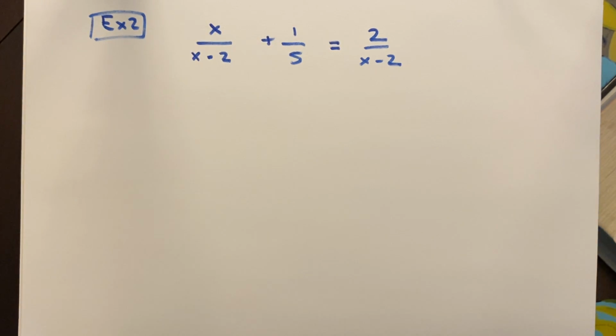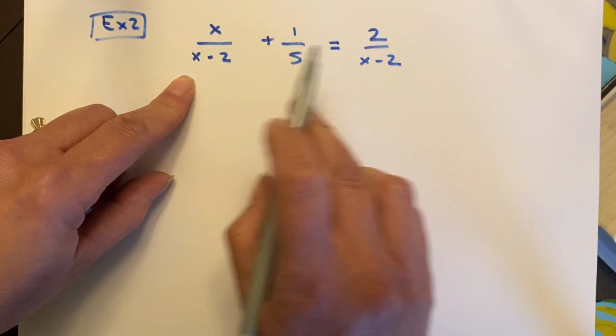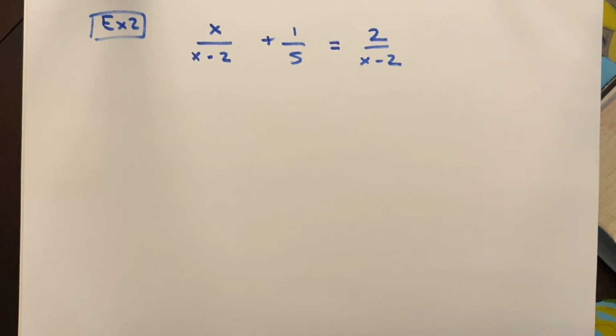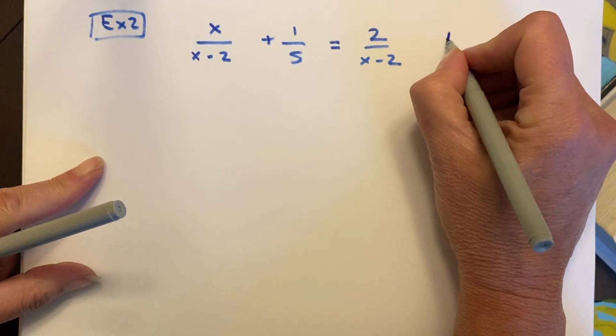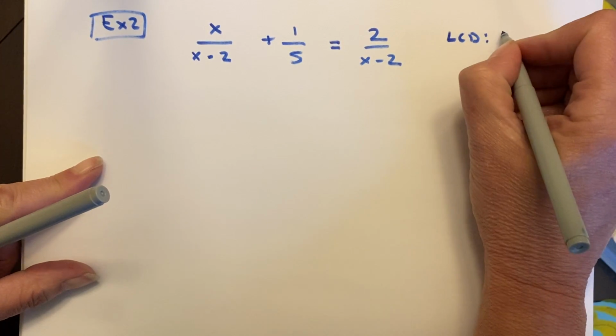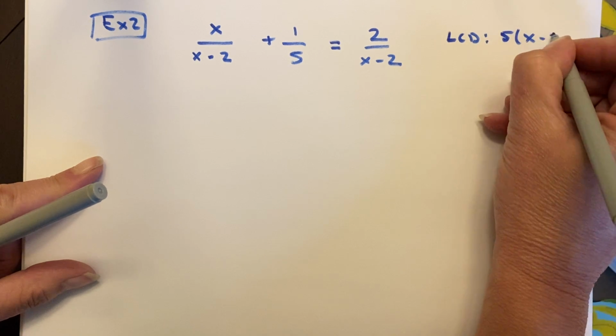Well, clearly I have to come up with a common denominator of some kind. And that common denominator is going to have to go across all 3 of these fractions. How do I deal with that? Well, I can see that my LCD for all 3 fractions is going to be 5 times x minus 2.